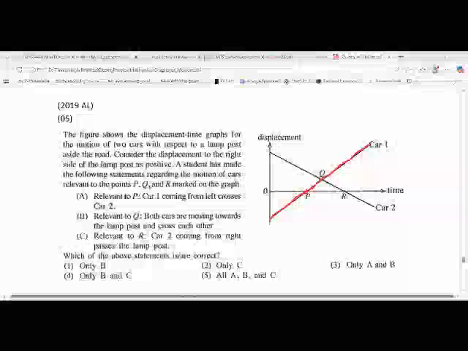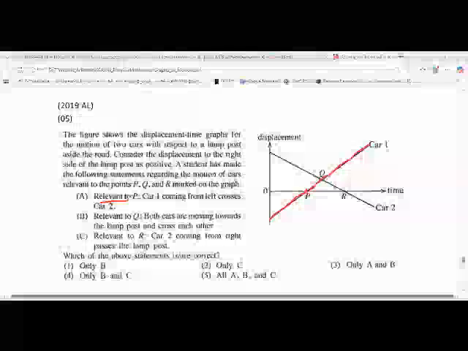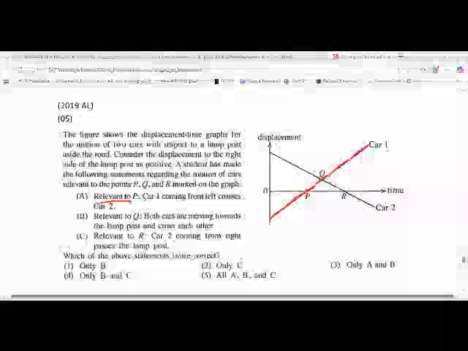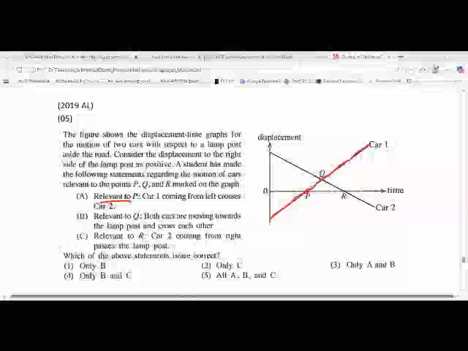Then P. Relevant to P, car 1 coming from left crosses car 2. Here is the point.